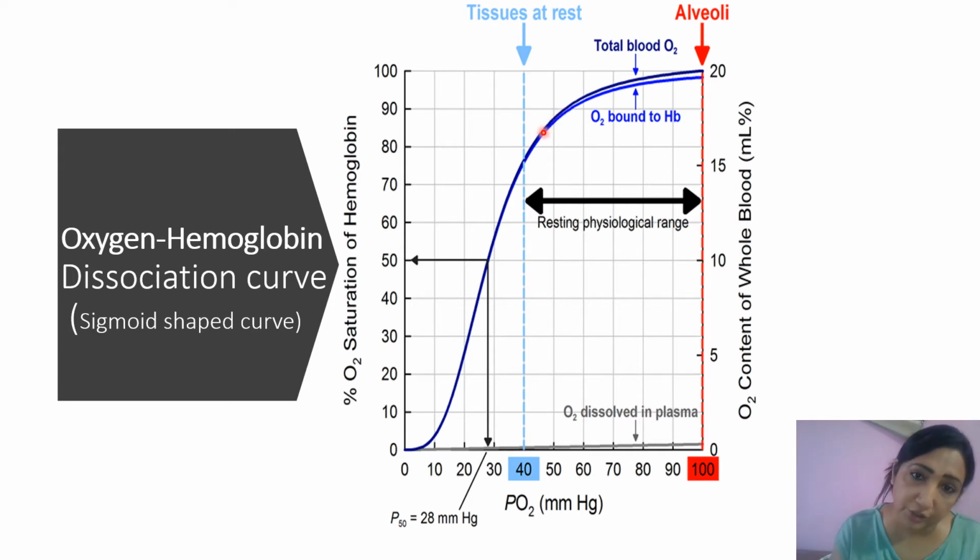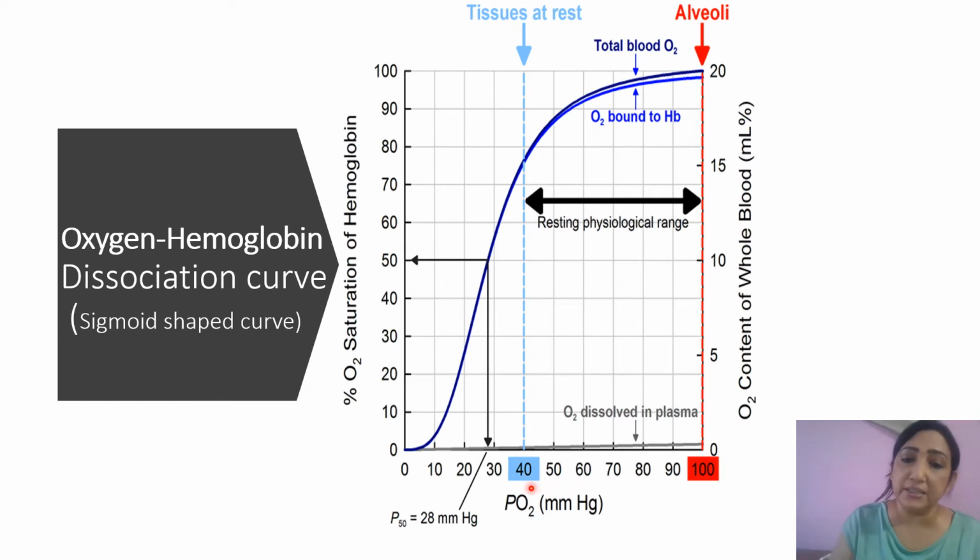Now after this level, what is happening? A decrease in partial pressure acutely decreases the percentage saturation of hemoglobin. As we know, at the tissue level the partial pressure of oxygen is 40 millimeters of Hg. Now you see at the level of 40 millimeters of Hg, the percentage saturation of hemoglobin comes down to around 85. Why? Because at this level, from this 90, the oxygen has already started dissociating from hemoglobin to the tissue because of this partial pressure gradient.